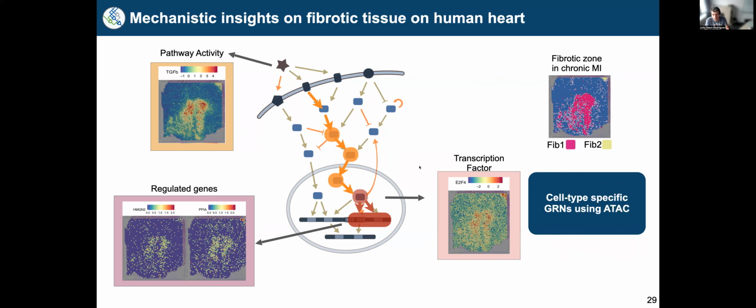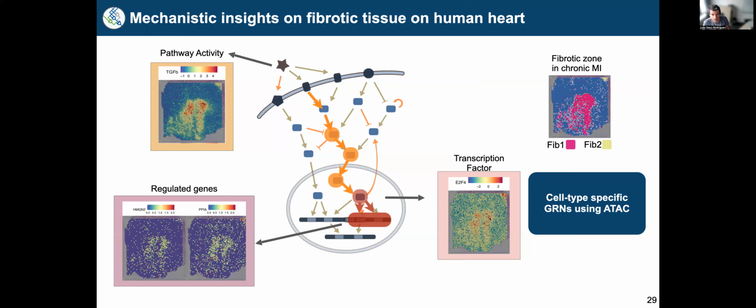We could also look at downstream transcription factors such as ETF4, which is active in similar locations, and the corresponding downstream regulated genes. And here is where we use the ATAC data to refine our information about the transcription factor targets, about the gene regulatory networks.